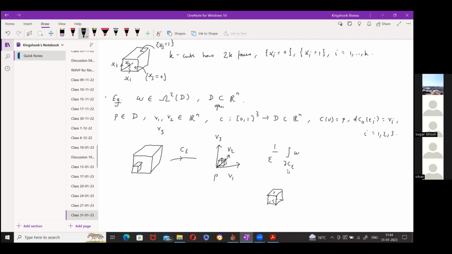So this is of order epsilon to the 2 plus 1.